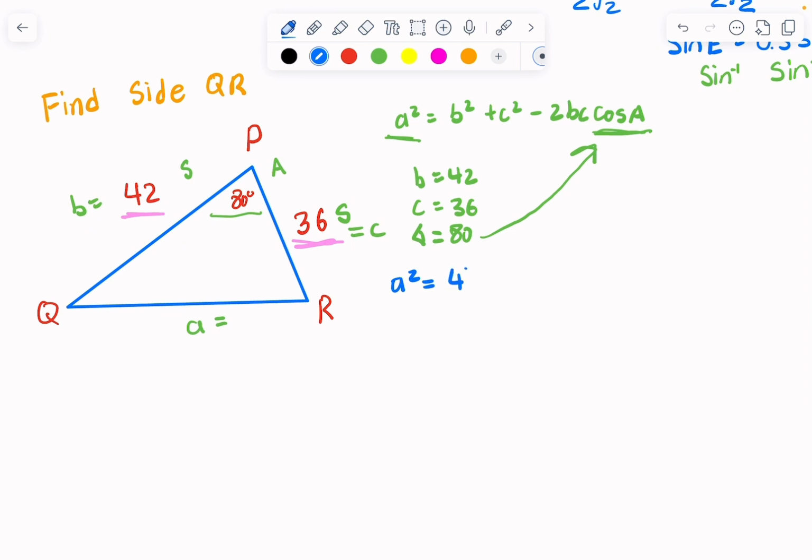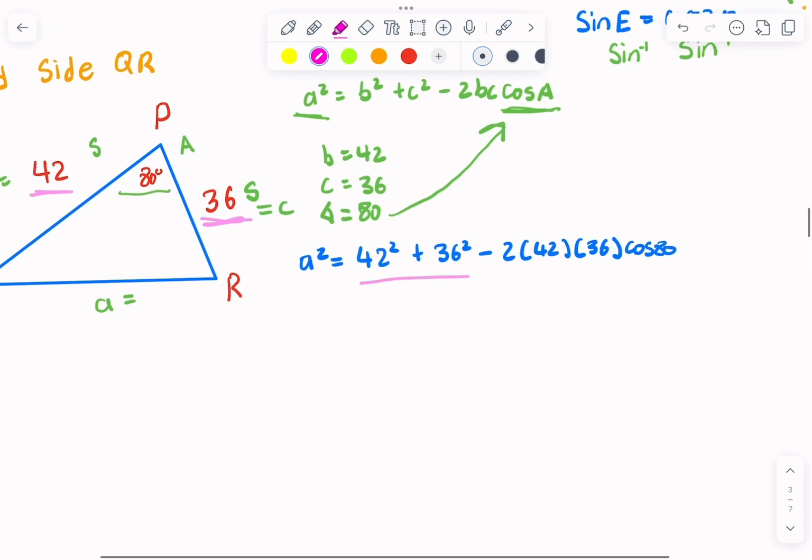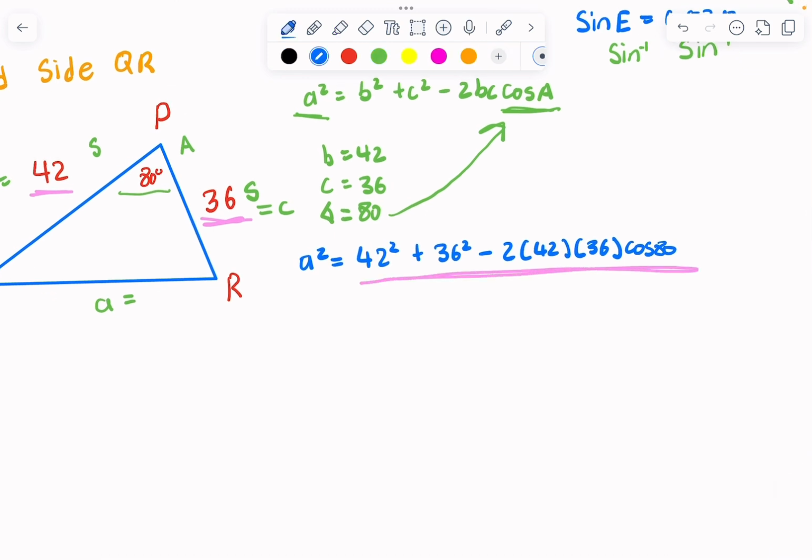So 42 squared plus 36 squared minus 2 times 42 times 36 cosine of 80. Now you're gonna plug this whole thing into your calculator, and that'll be your a squared.